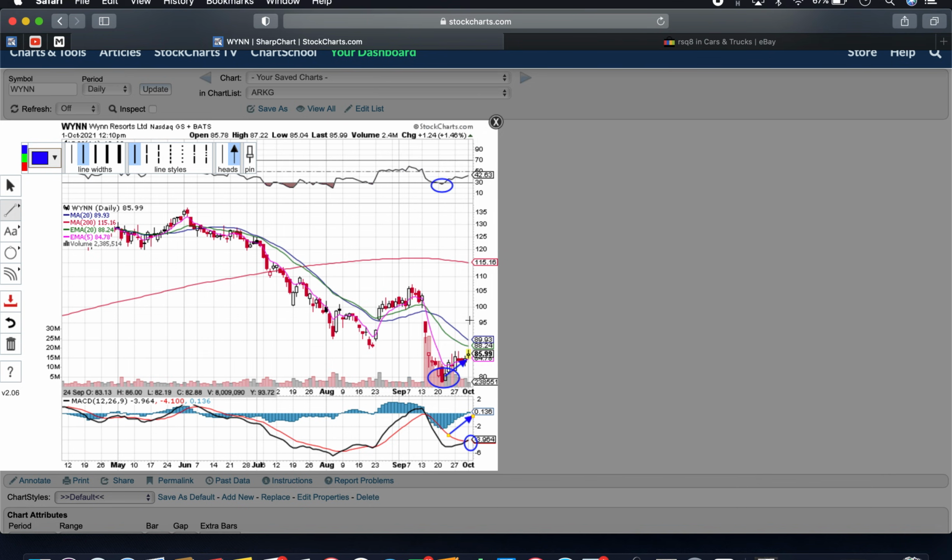All right, so if I was just gonna swing trade this, there goes my price target, 105, right? But your stop is also important. So if it breaks this level, then it could fall.